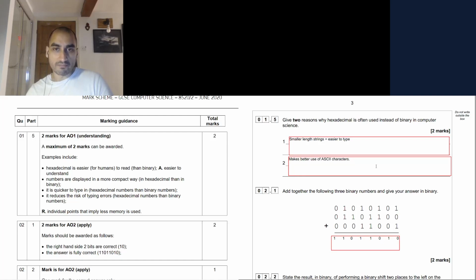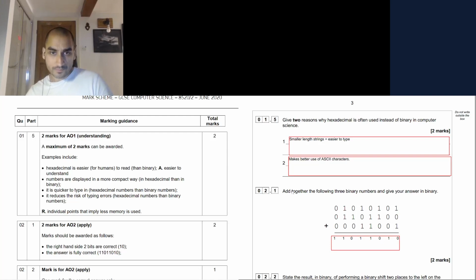Easier for humans to read than binary. Is it really? I think that still just comes back to smaller length strings. Is it actually easier to read? I don't know. I suppose it's easier to interpret the decimal value of that number in our heads because it's closer to looking like the decimal number. But at the end of the day, we just want to convert everything to decimal in our heads.